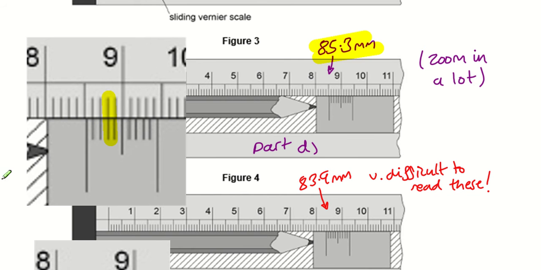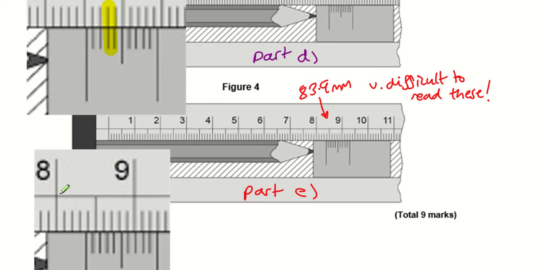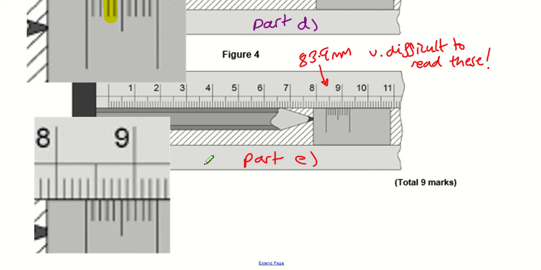Then in a further question, they ask you to measure the length again for when the pencil's been used. These scales are really hard to read, but I got this one as no longer 85, it's now 83.9. Looking at the vernier scale, it tries to be 0.9, so that's where I did that one. So I've got my two lengths.